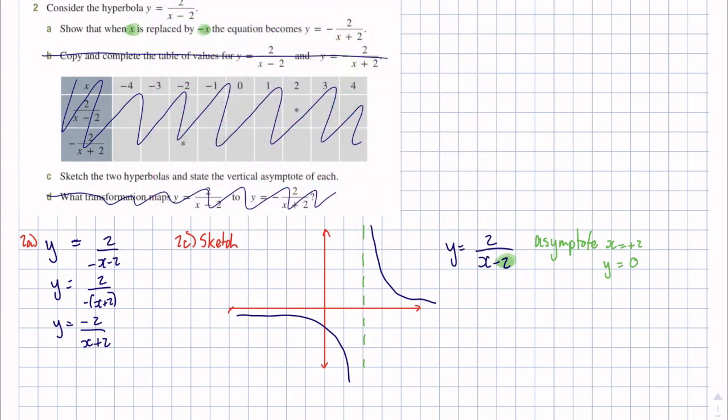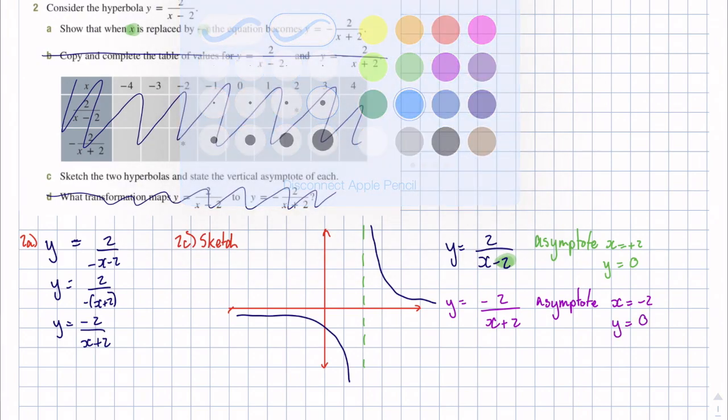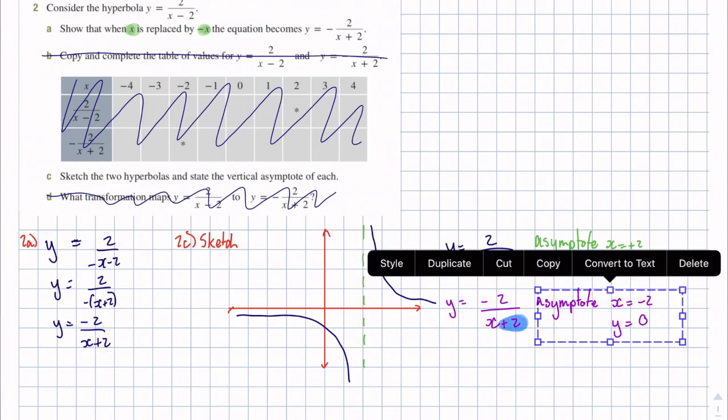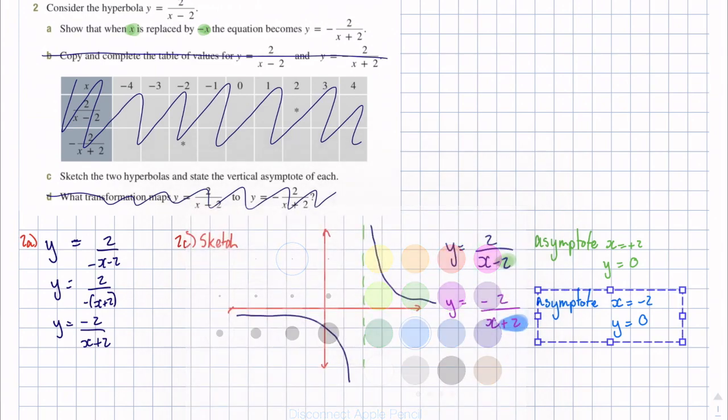For y equals negative 2 over x plus 2, the asymptote, x equals negative 2 this time, but y is still 0. It hasn't been moved up or down. The negative 2 is because of this. So actually, do that in green.